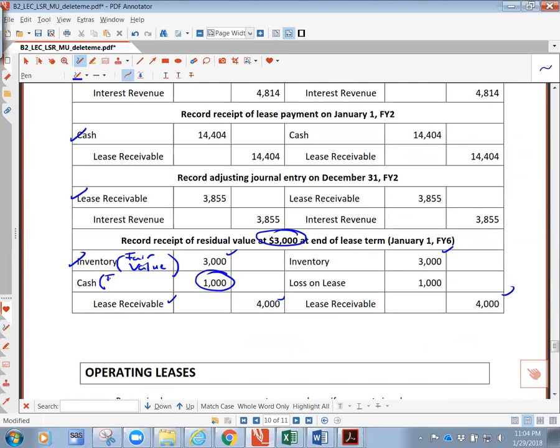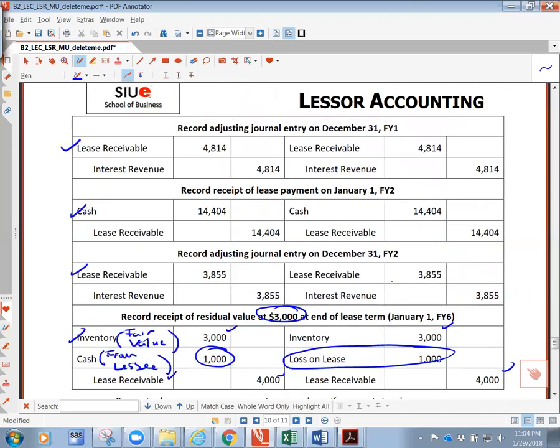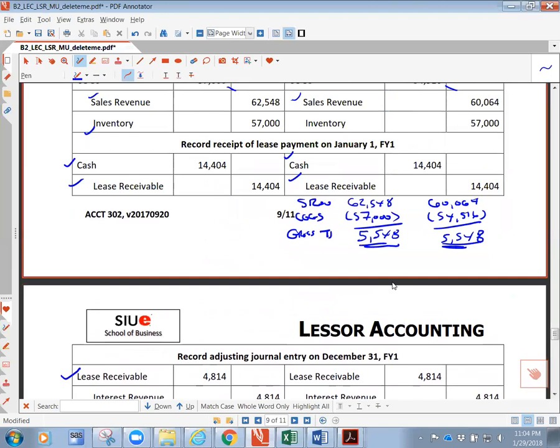This is cash from lessee. You told the lessee, hey, it's worth 3,000. You owe us 1,000. They pay you 1,000. Here, no cash from lessee, so it goes to loss. So you do have a different account. So this is just a quick comparison of guaranteed versus unguaranteed residual value.